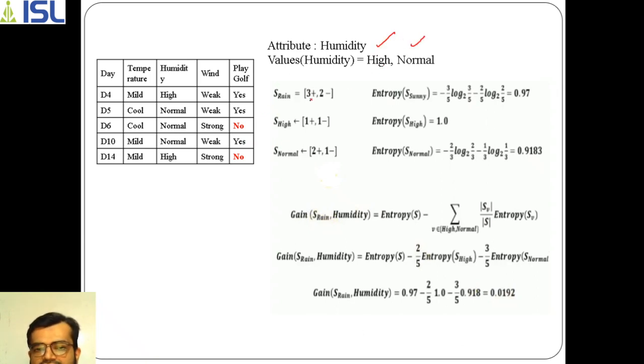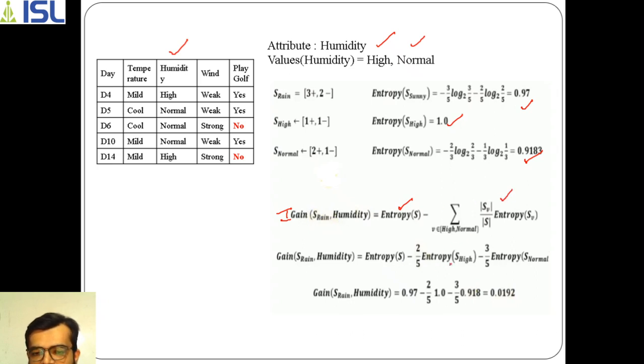Here for rain we are getting the value 0.97, for high we are getting 1.0, and for normal we are getting 0.9183. Now for the information gain of humidity, you have to take the entropy of rain minus the entropy of humidity.